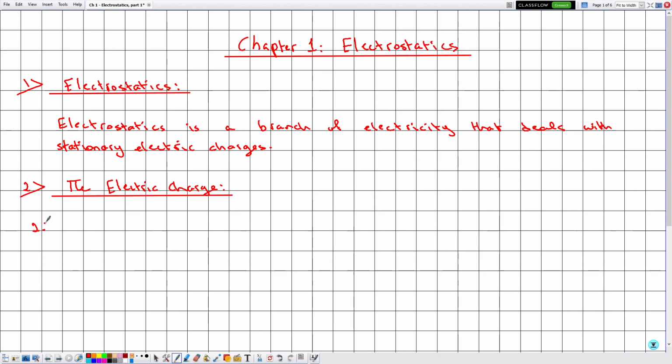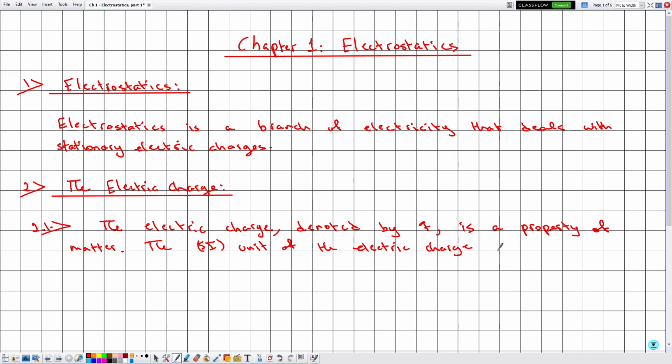Then section 2.1, and let me say that the electric charge, and this quantity is denoted by small q throughout this chapter, is a property of matter and the SI unit of the electric charge is coulombs, and its symbol is capital C.